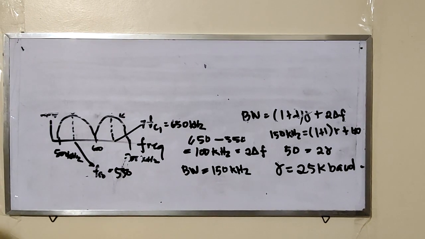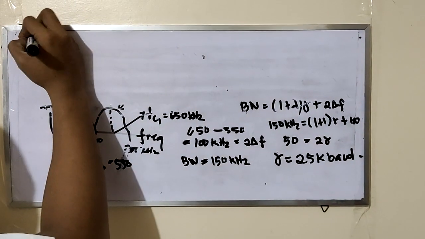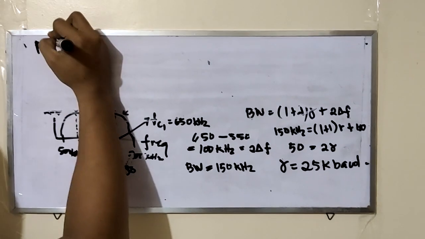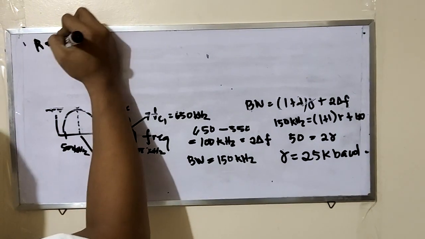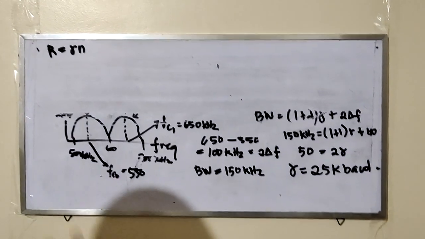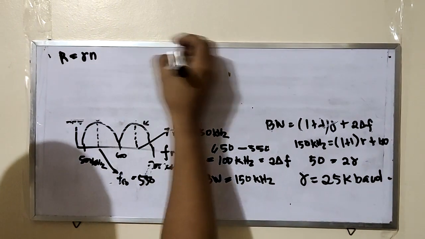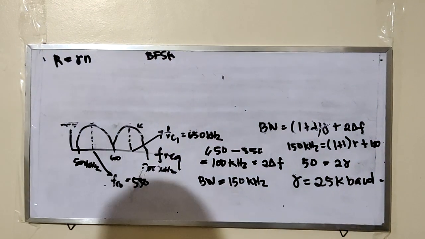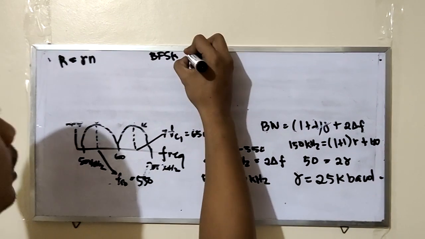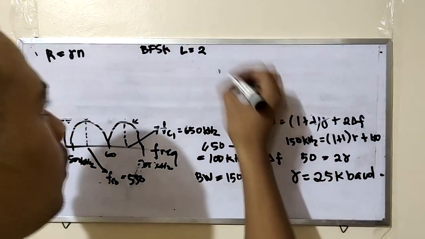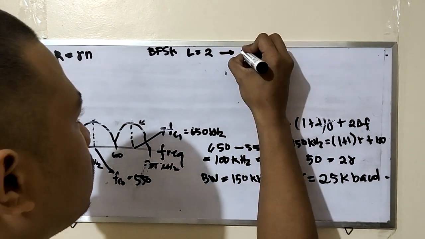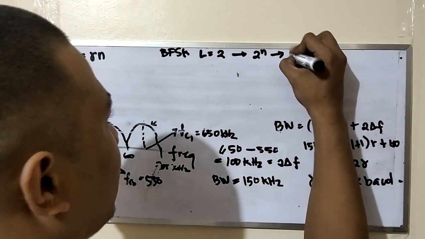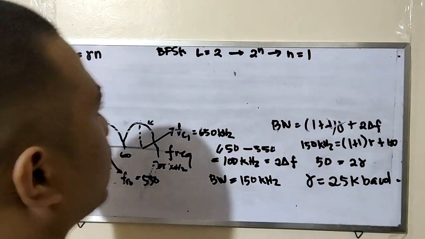So we need the bit rate. Bit rate is equals to baud rate times N, where in BFSK or binary frequency shift keying, L is equals to 2, where 2 raised to N, N is equals to 1.